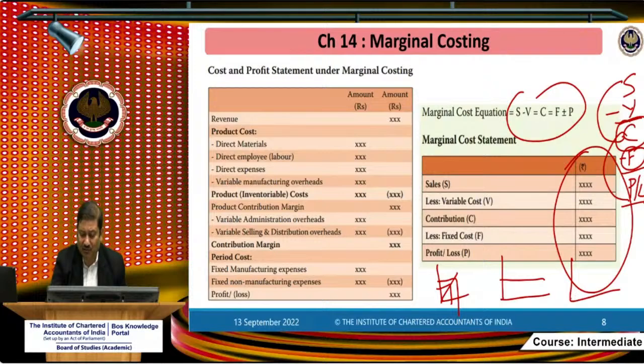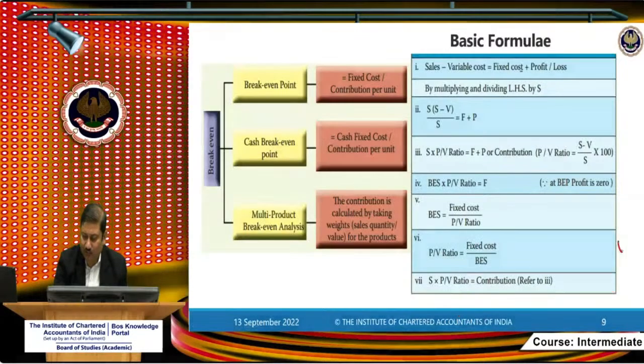So the total cost line will be like this. And if your total sales graph goes like this, then this is total cost and this is total sales.